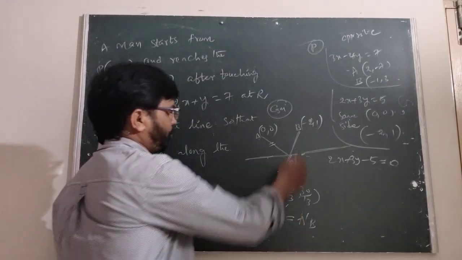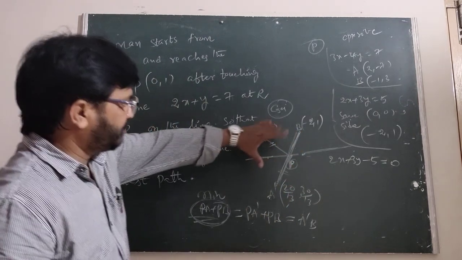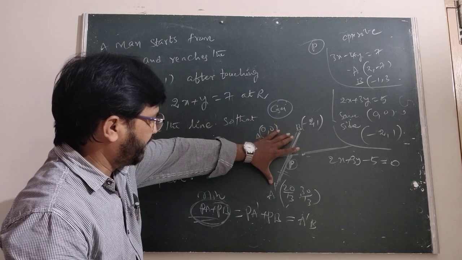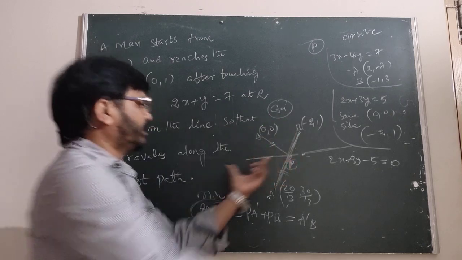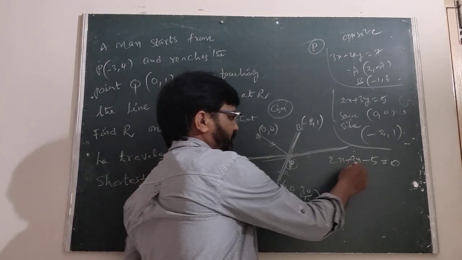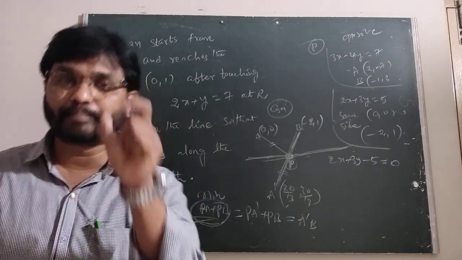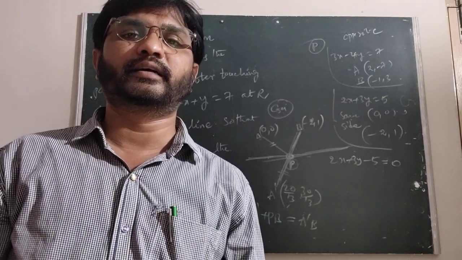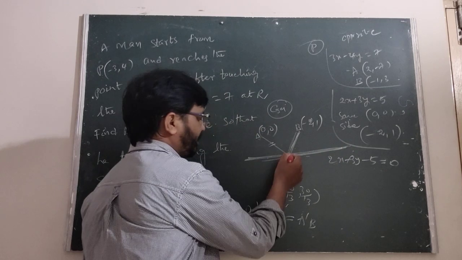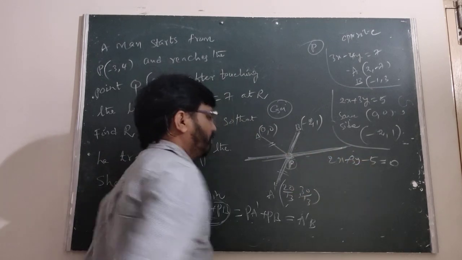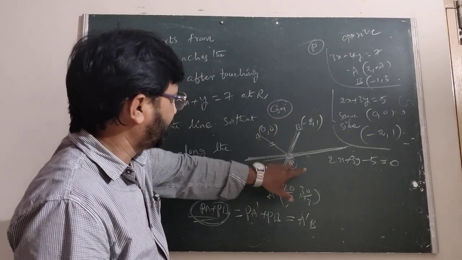We take A dash B, the line segment joining the points A dash and B, and the given line 2x + 3y - 5 = 0. Their point of intersection is P. That means we take the point of intersection of 2x + 3y - 5 = 0 and the line segment joining A dash and B, and then we get P.